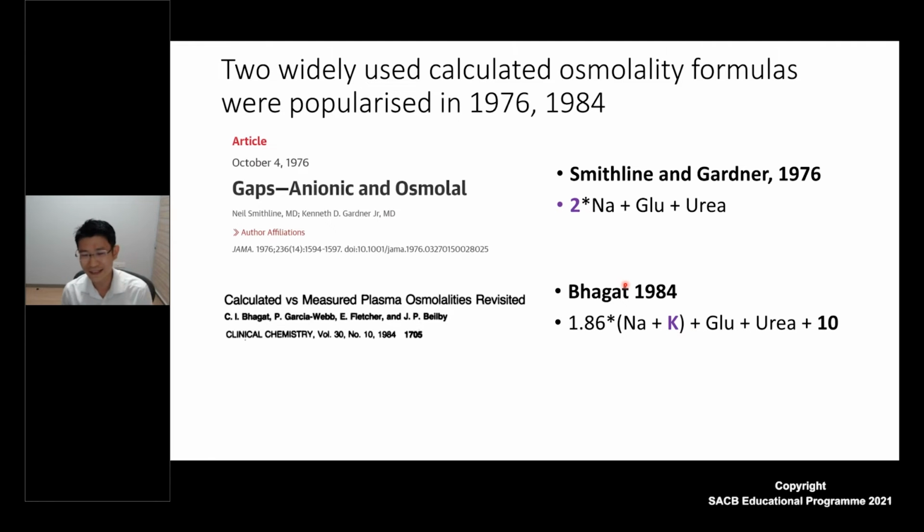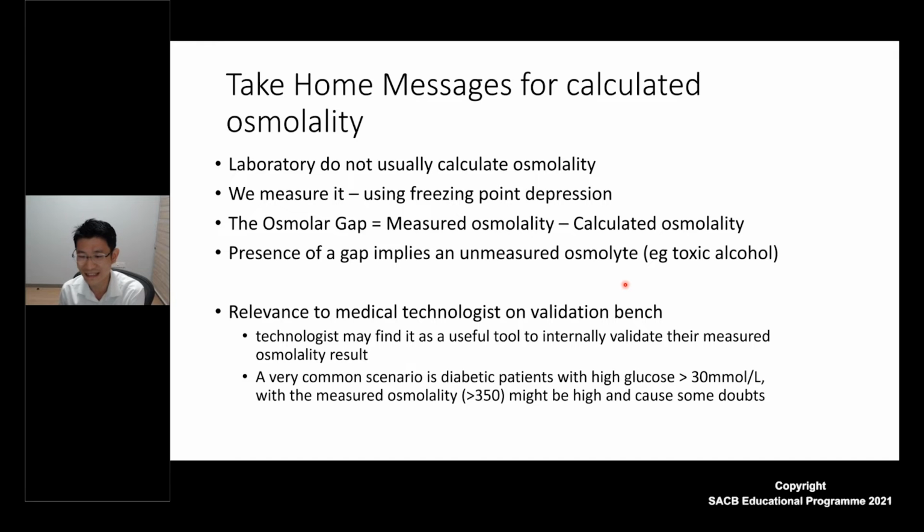Okay, so the take-home message for calculated osmolality is that in the lab we actually do not calculate osmolality. We measure it using freezing point depression. But the osmolar gap, the difference between the measured osmolality and the calculated osmolality, can be useful, because if there's a gap, it means there's some osmolyte, maybe mannitol, ethylene glycol, ethanol, or isopropanol.